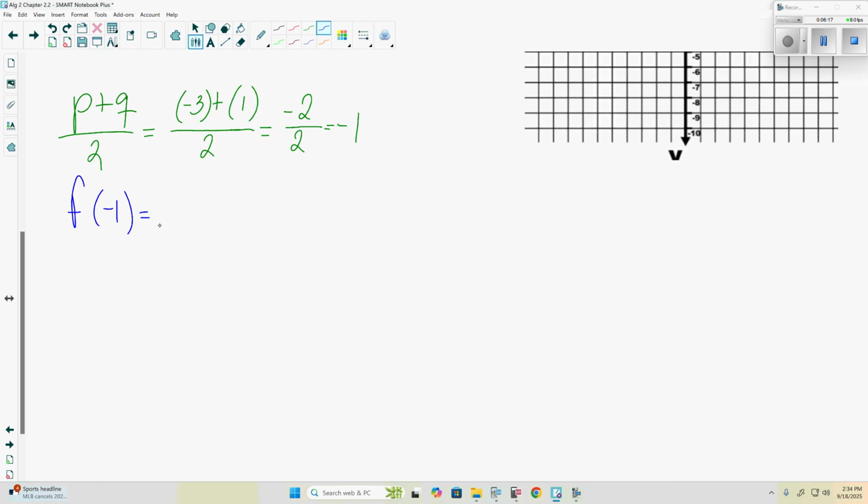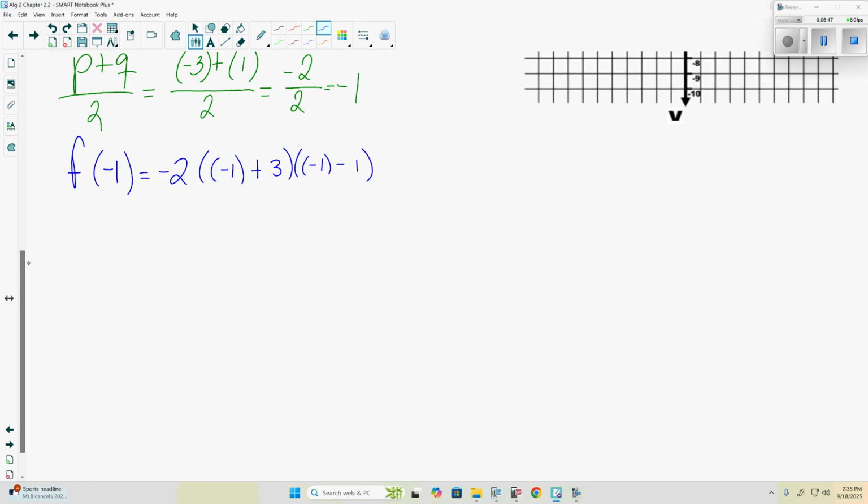So in this case, all we're doing with f of negative 1 is taking negative 1 and plugging it back into the function, just like we did yesterday with our negative b over 2a. We plug in the values of b and a for negative b over 2a to find it, and then plug it back into the function. Here, we plug in the values of p and q, find what that is in our p plus q over 2, and take that x value and plug it back into the function to find the value of y.